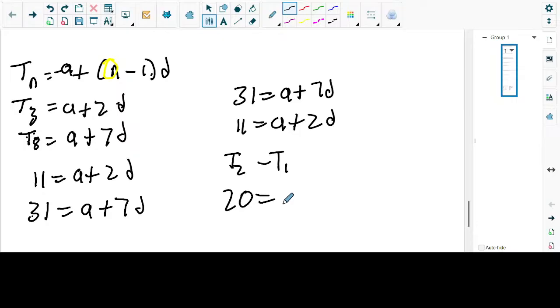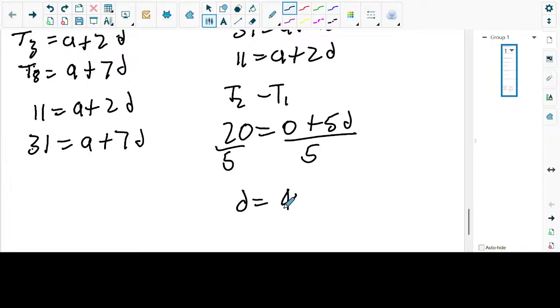Then we have A minus A. A minus A is 0, we get nothing. After that, we have 7D minus 2D, which gives us 5D. Okay? We can get D. How do we get D? Divide by 5.